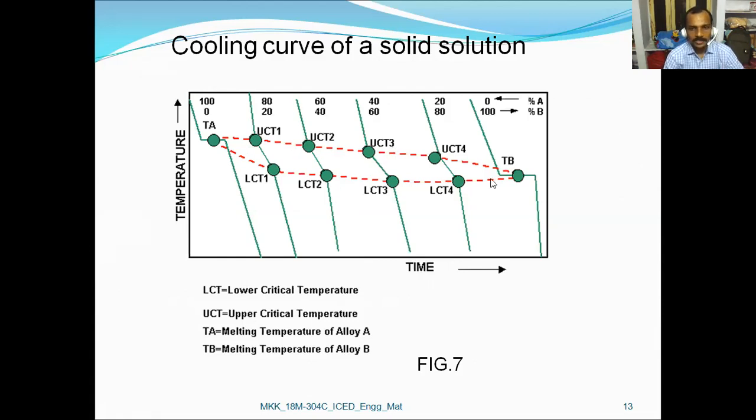And this is the melting temperature of B alloy, and this is the melting temperature of A alloy. And observe here the percentages are 0 to 100 from left to right, and 100 to 0 from right to left.